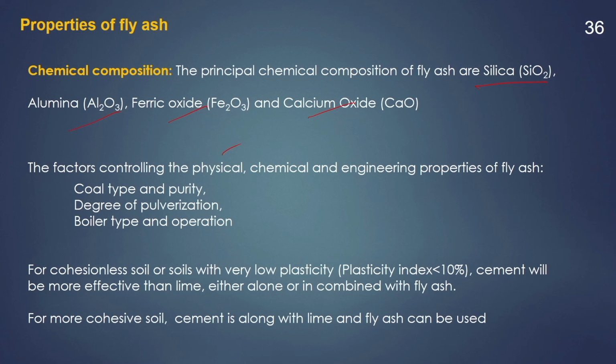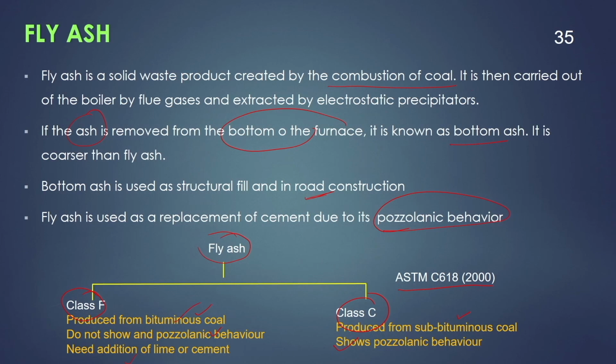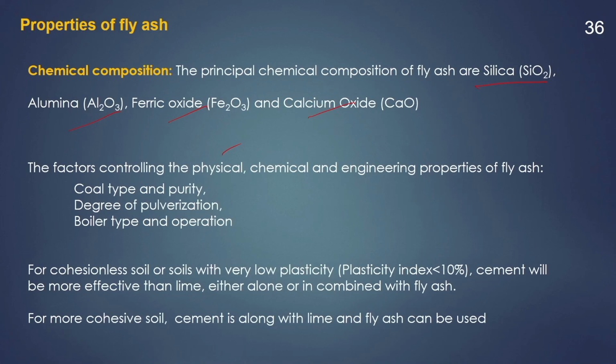Those are coal type and purity, as I told you before, whether it is produced from bituminous coal or subbituminous coal, so the fly ash can differ as F or C. Other factors are the degree of pulverization, the boiler type and the operation. So, these are the different factors which can control the physical, chemical and engineering properties of the fly ash.